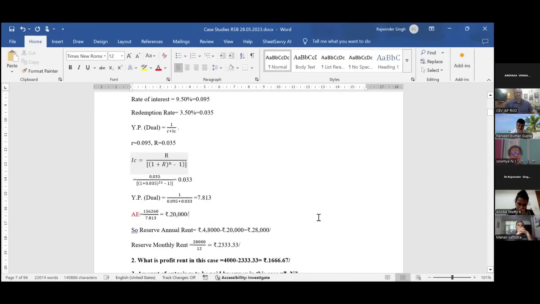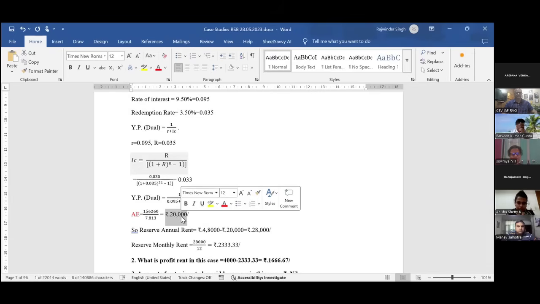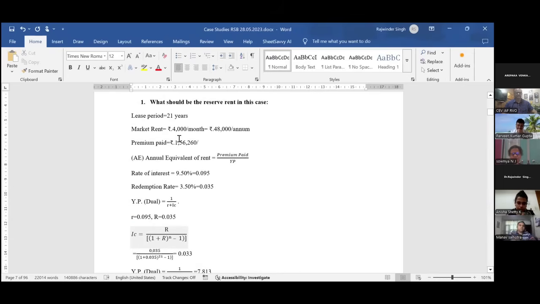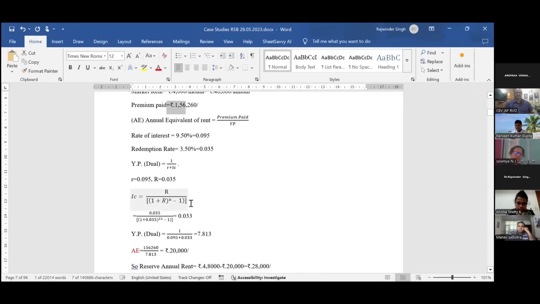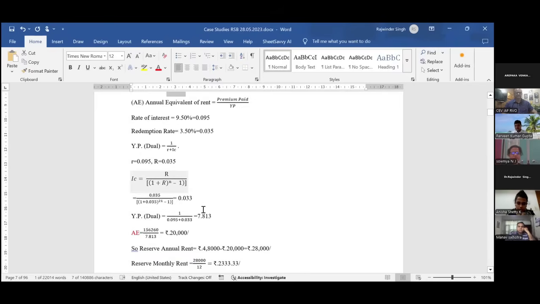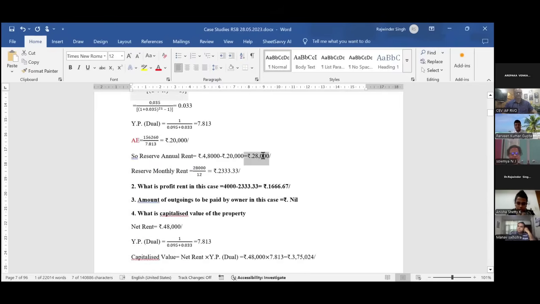So in total he requires 48,000, out of which he will be getting 20,000, let us suppose, from the bank in the form of interest by depositing this amount of 1,56,260 in the bank. He may use it anywhere. Let us suppose he deposited it in the bank, and the bank is giving 20,000 as interest every year. So how much amount will he require from the tenant? He will require the balance 28.